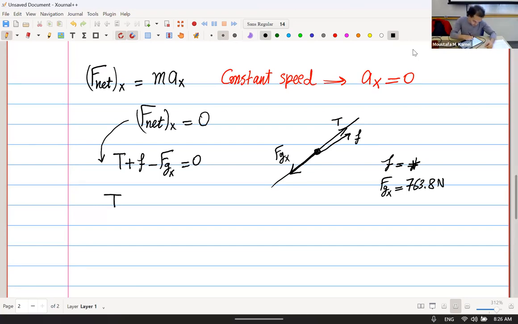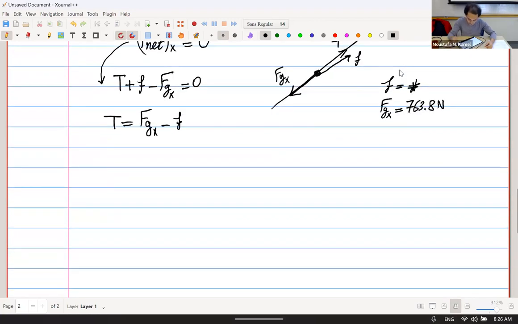So tension, if we pull that to the other side, would be FGX minus F. Did you calculate F? Yes, 44.1.